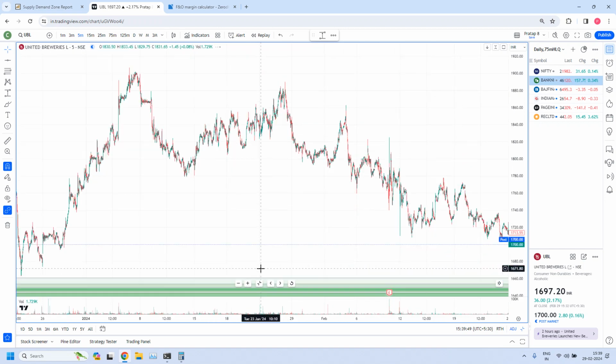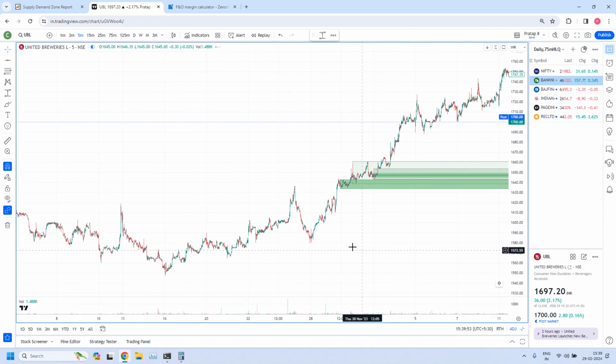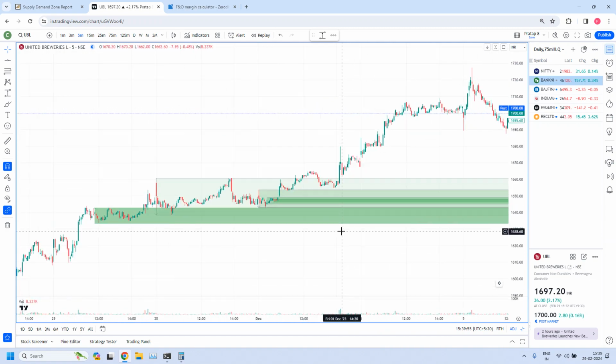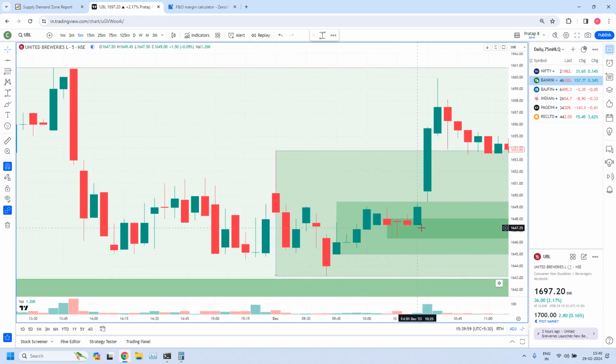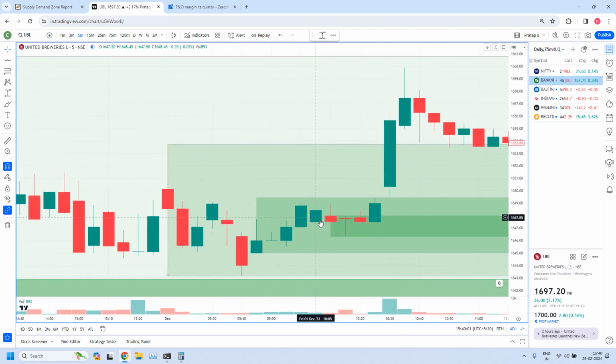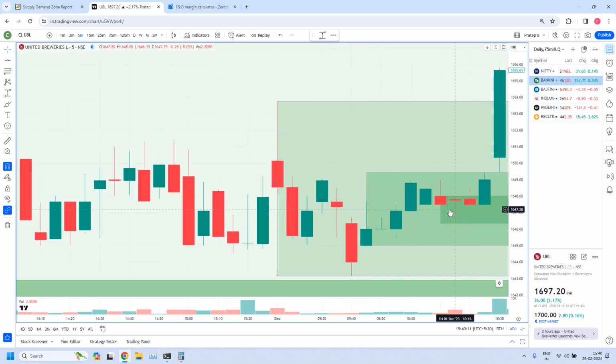I think in the video 2 days back, if you look at this UBL, you will see this high liquidity zone. But that day we didn't get a trade. See here, we have a leg candle, 3 base candles, a rally candle, and a follow-through candle. This is the 5 minutes level I considered. So this is the zone we have drawn.